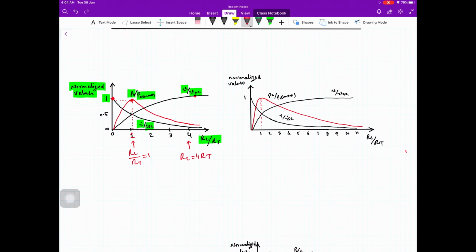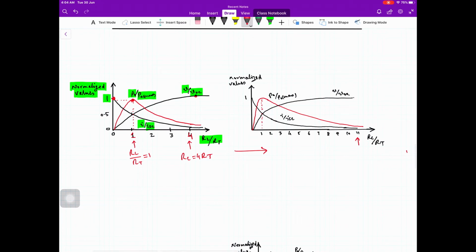We have gone up to a maximum of 4 times RT, but if we extend the range of RL over RT, say to 11 times RT, we see that the peak in the previous graph is shifted toward the vertical axis, and if we move further, this peak will be shifted further towards the vertical axis, and it may not be visible clearly.